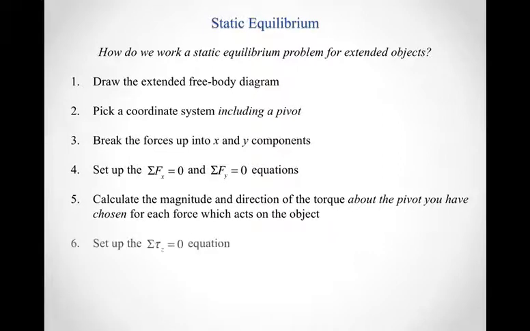And so what that's going to let us do, of course, is set up the net torque equation. So steps 5 and 6 are the additional steps here. What they're going to do is give us an additional equation. An additional equation almost certainly means an additional unknown, and so then we're just going to have a set of unknowns that we go through and solve for.